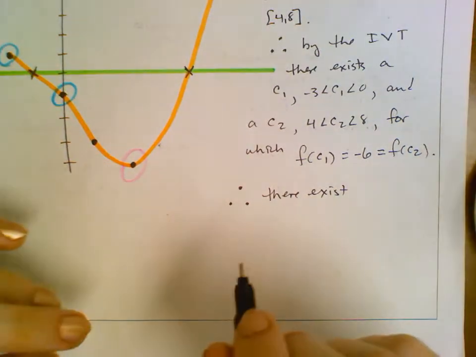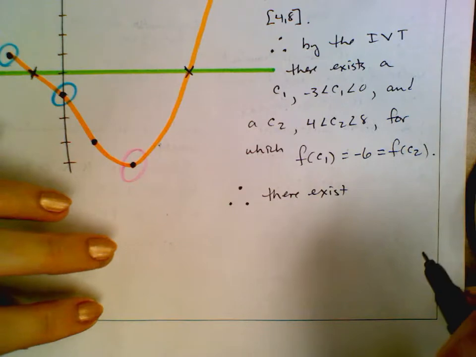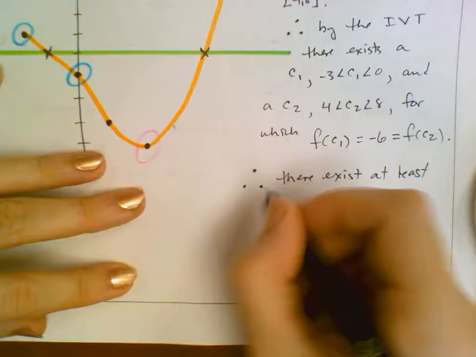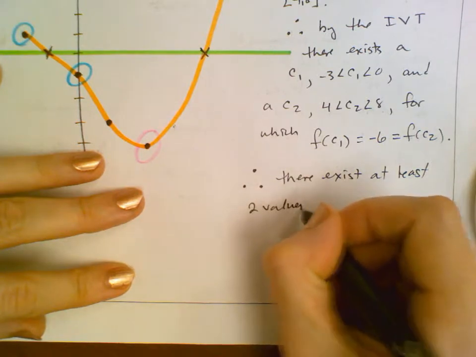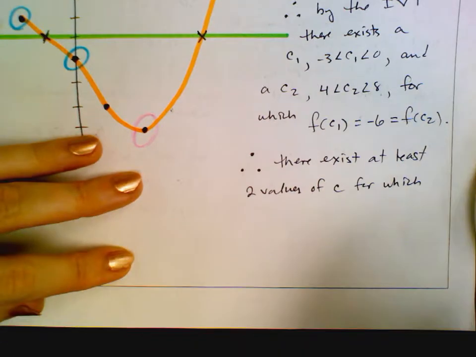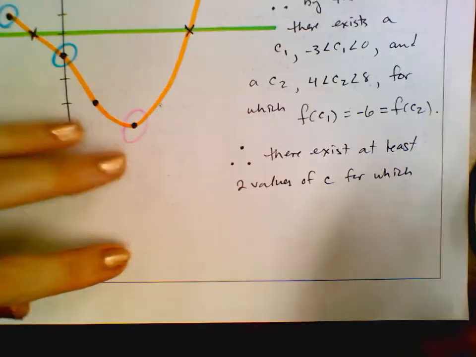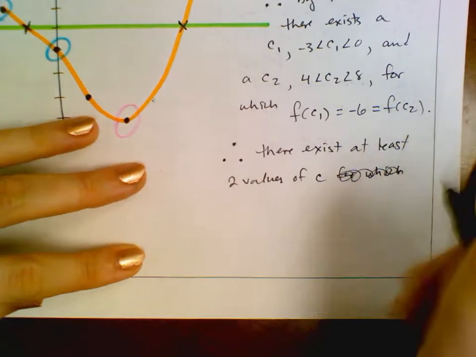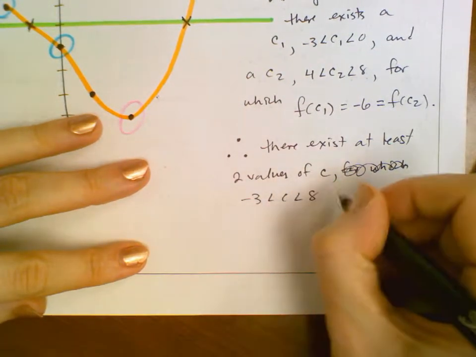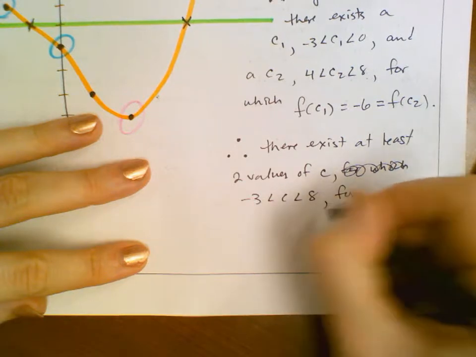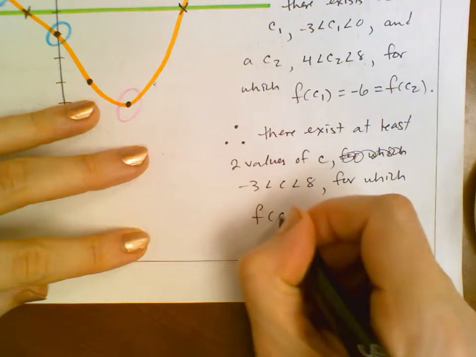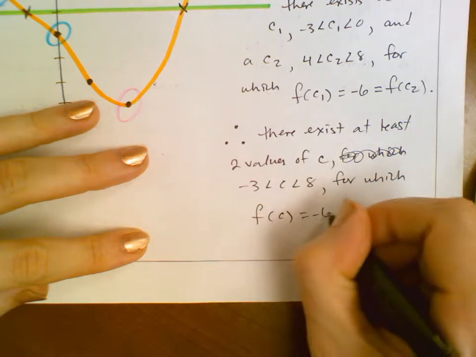Therefore, there exist at least two values of C, negative 3 less than C less than 8, for which f of C equals negative 6.